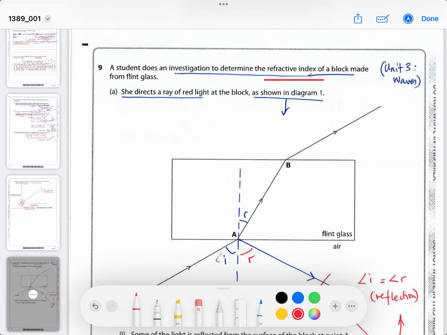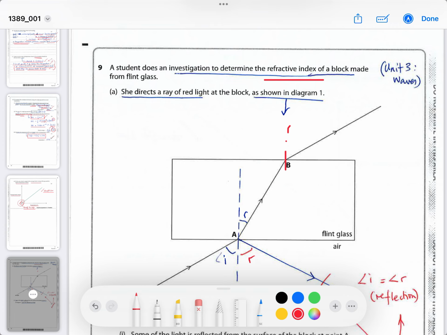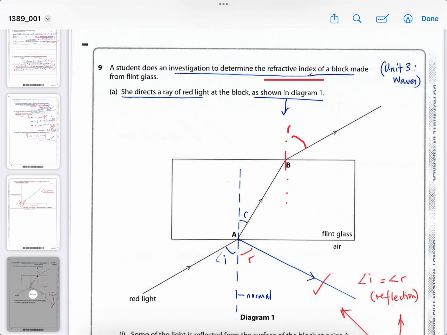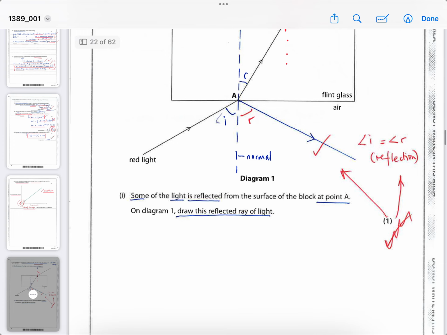In terms of the amount that it bent towards the normal, it will now bend away from the normal over here. That's not what they're asking you to do, however, but that's how you draw ray diagrams.